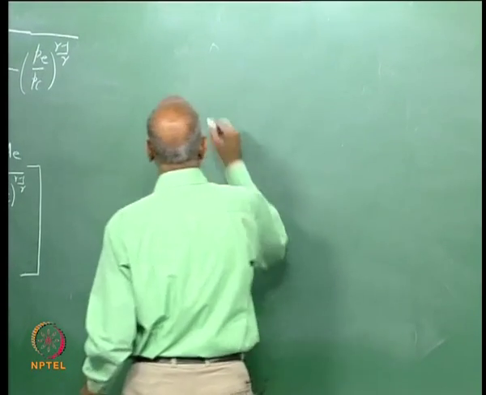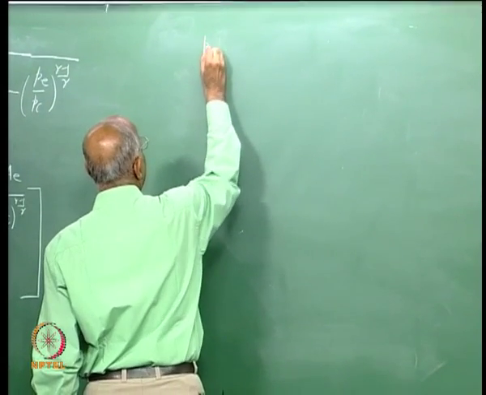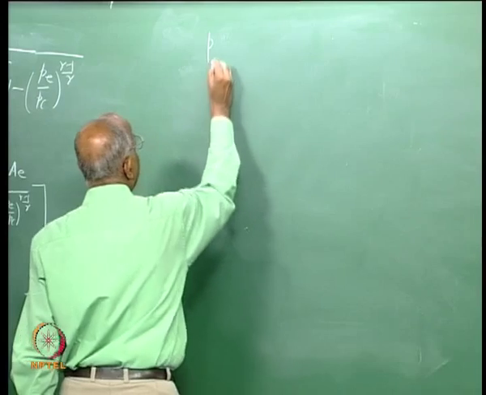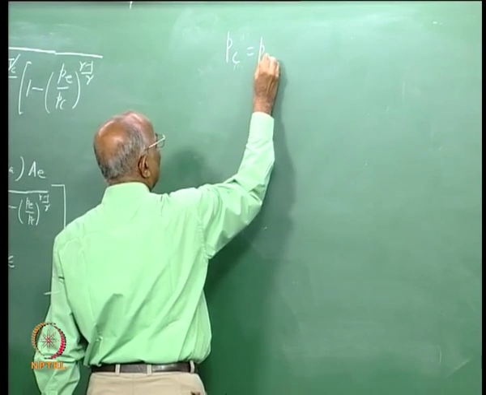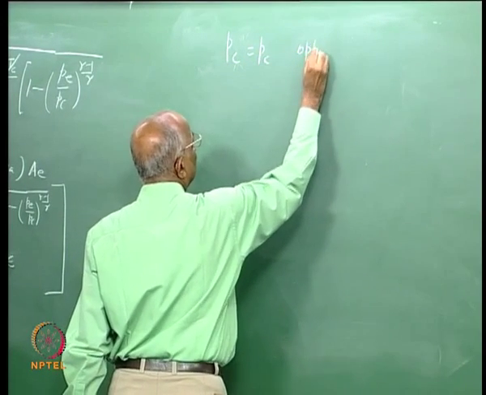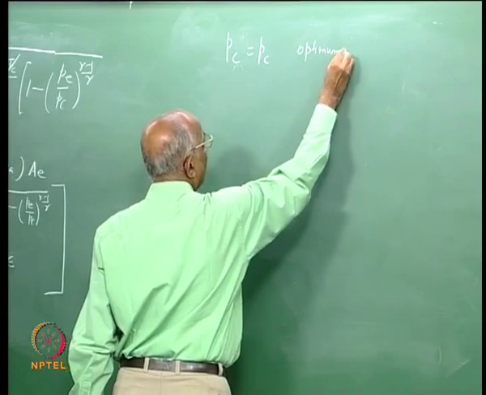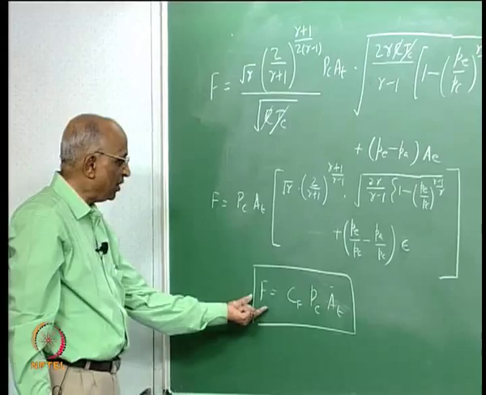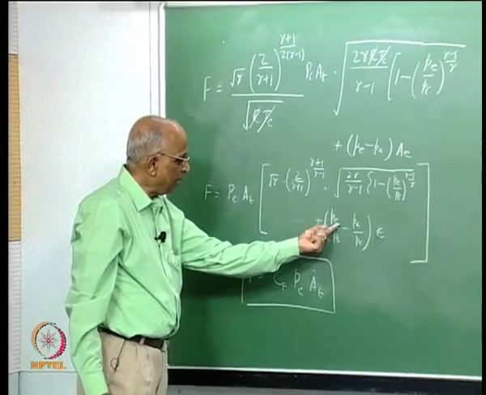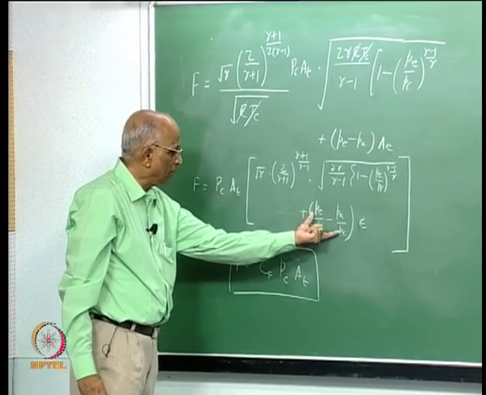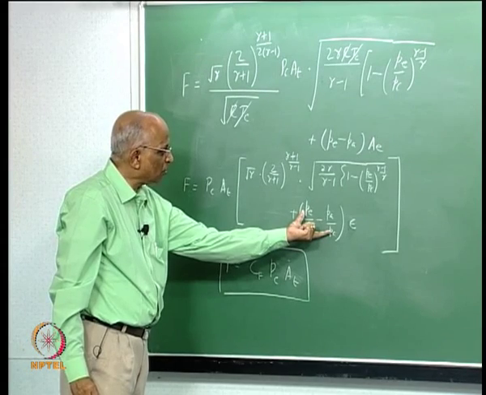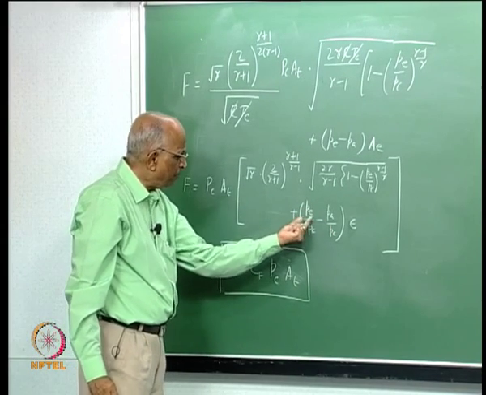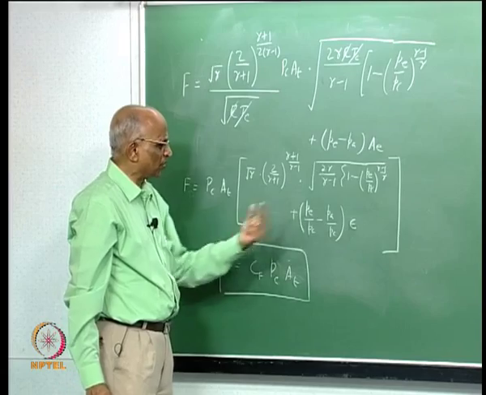I want to find out what the expression will be if we have Pe equal to Pa for an optimum. The value of Cf, that is Pe equal to Pa optimum, then in this case this goes to 0, and let us compare these two terms first.